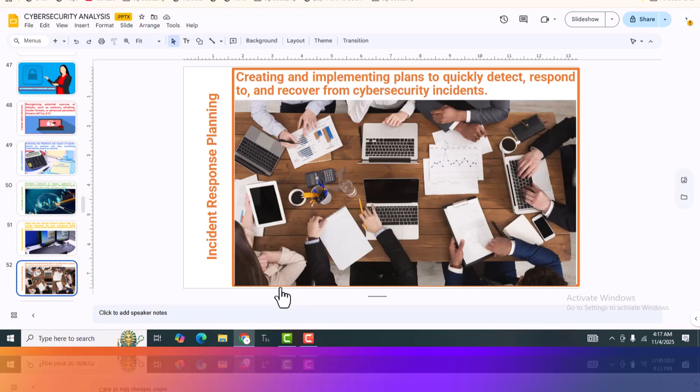So we plan ahead of time. Supposing our network is affected by malware, or we have been attacked by unauthorized access, ransomware, or spyware, what should we actually do? That is incident response planning.